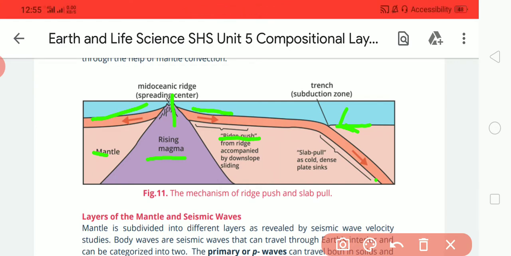Lahi man gud diri sa mid-ocean ridge kay naay ma-form after mogawas ang rising magma, naay ma-form nga mga mountain sa dagat. Diri sa trench lahi pod ang ma-form dira.